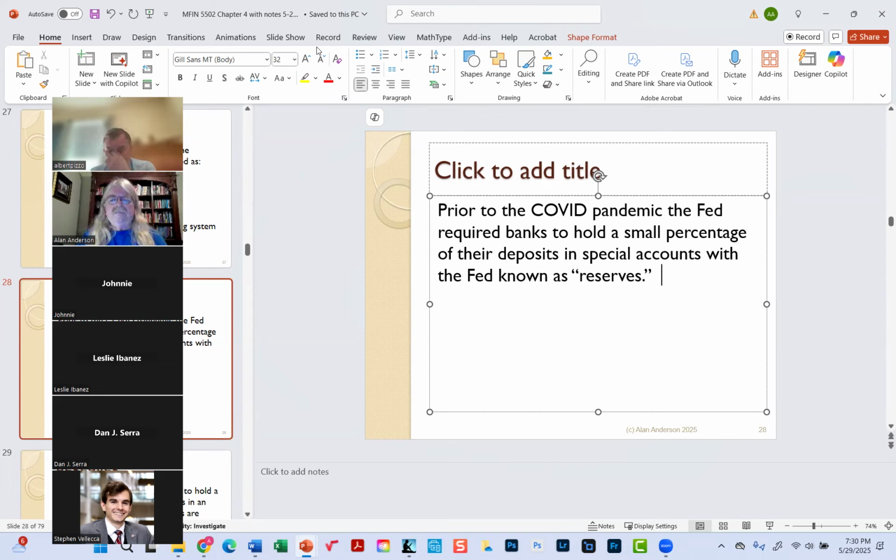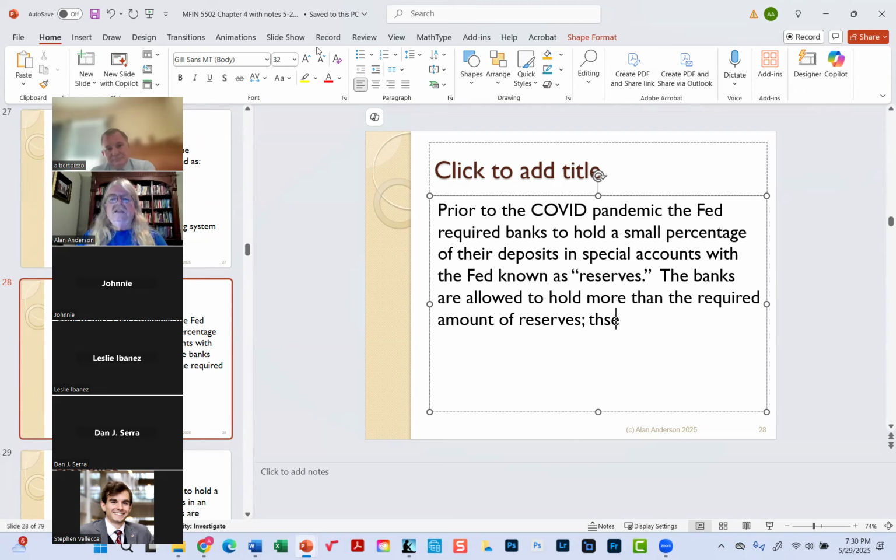Now, the banks are allowed to hold more than minimum reserve requirements, and these are known as excess reserves.